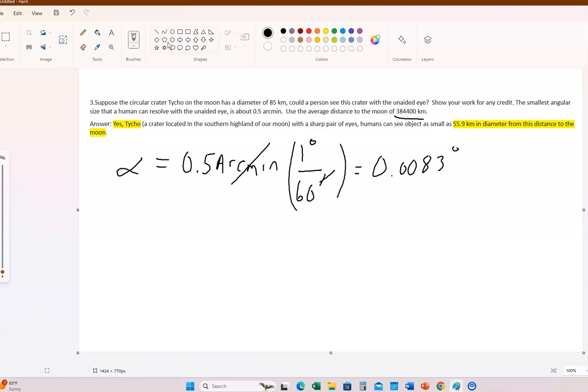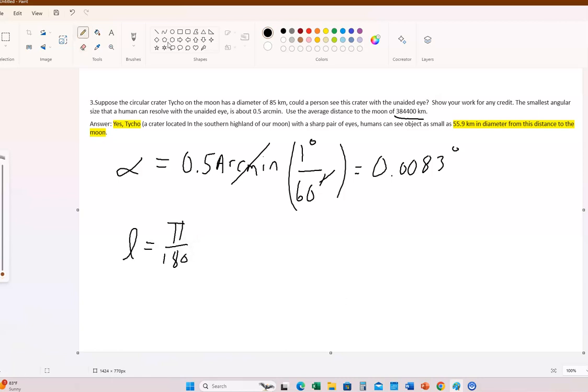And so here's our formula. Script L, remember, the actual size of this object, is equal to pi over 180, which is just a constant, and that's 180, not 186, sorry about that.